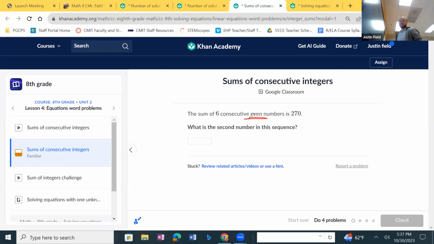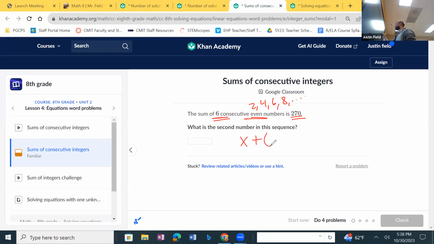Even means 2, 4, 6, 8, on and on, skipping the odd. So 6 of those equal 270, and we don't know which ones they are. So we'll call the first one X. And if we add 6 of these even integers, they will add to 270.